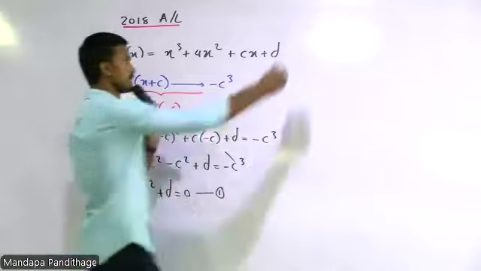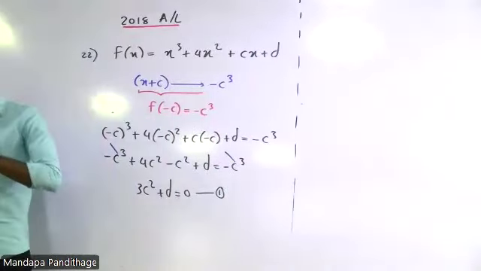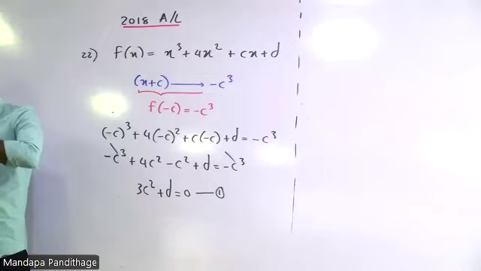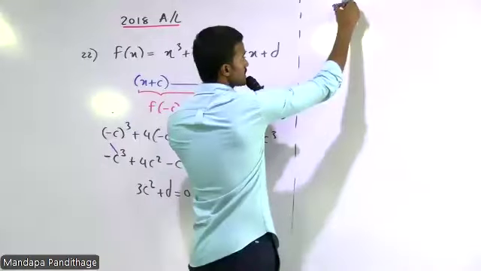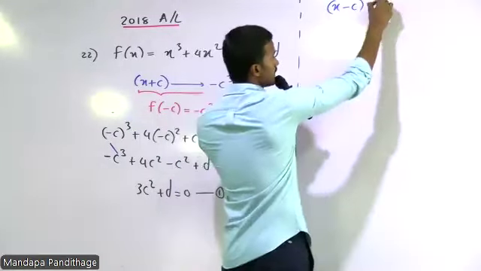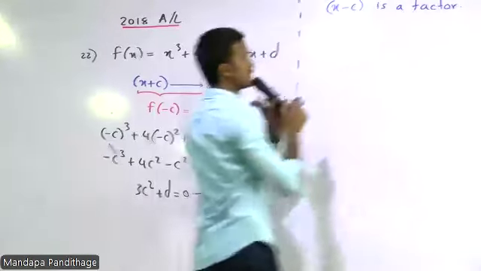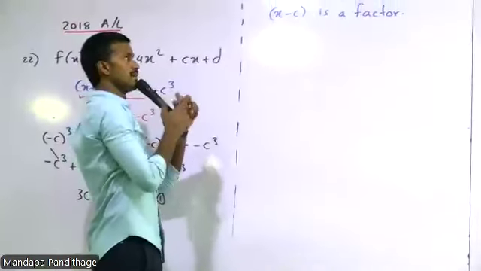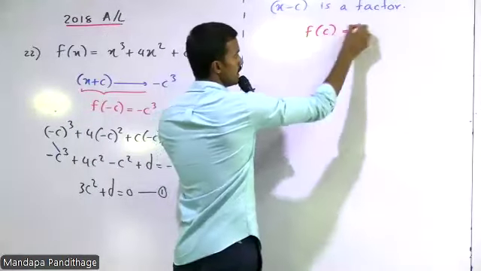And then write the next data. What is the next data? They have given that x minus c is a factor. When x minus c is a factor, what can you say? By the factor theorem, you can say that f of c is equal to 0. What is f of c?